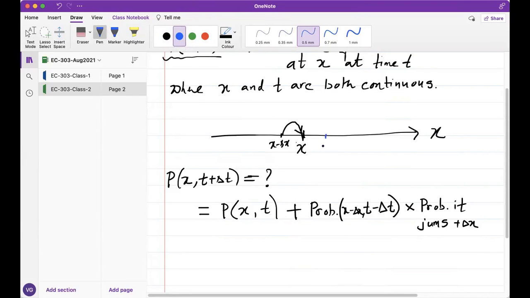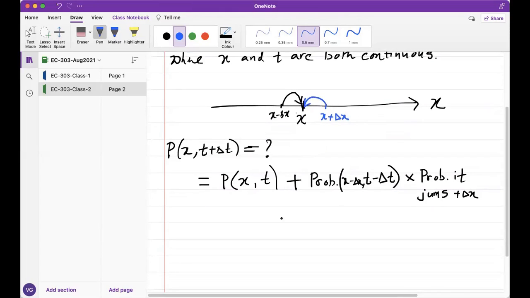What's the other way that the probability can enhance? I've given a hint by writing something there. It comes from the left. I mean from the right. From here to here. From the right, it jumps to the left. The second term, the other way it can increase, is the probability that at x plus delta x there was... I'm using loose language here, so it doesn't mean that the animal was there.